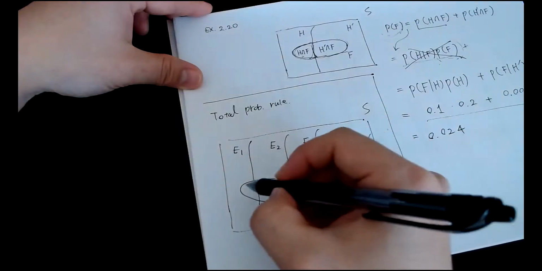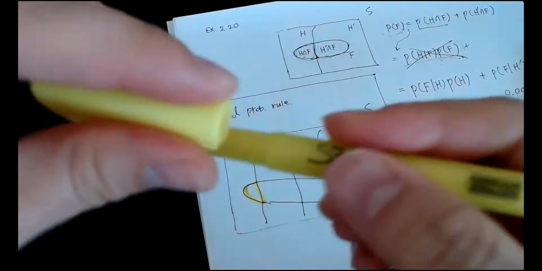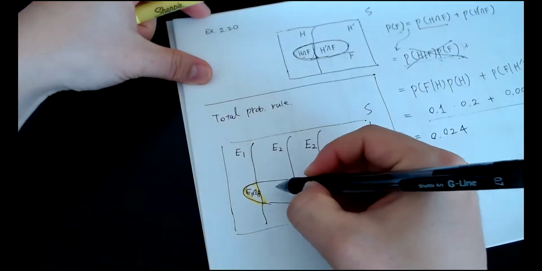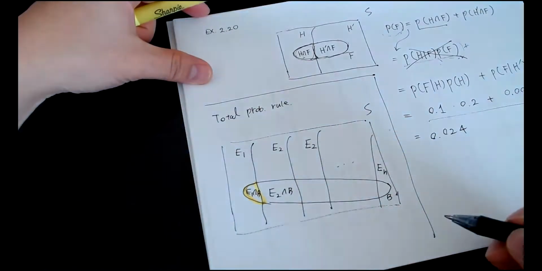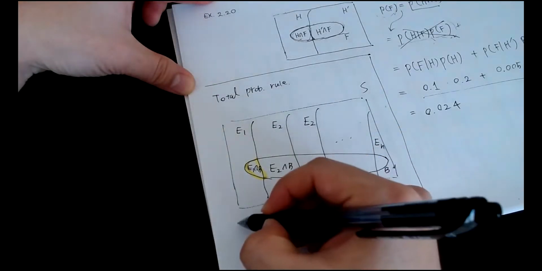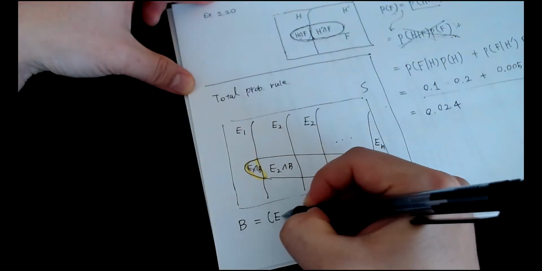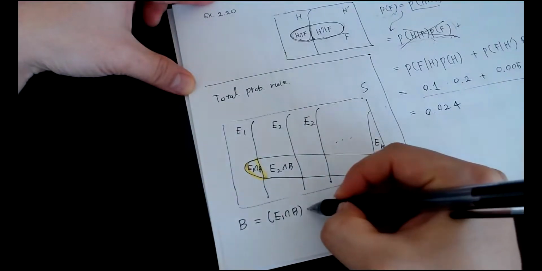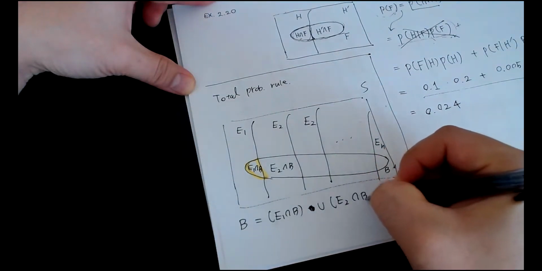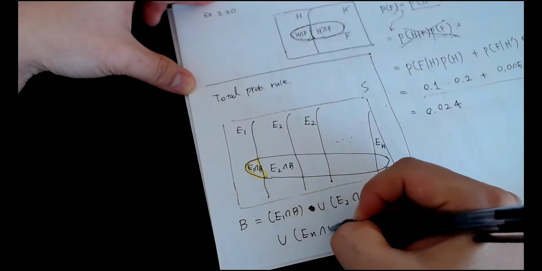That part is going to be E1 intersection B, right? The second one is E2 intersection B. So now the probability of B, B can be expressed as E1 intersection B, union E2 intersection B, union through En intersection B.